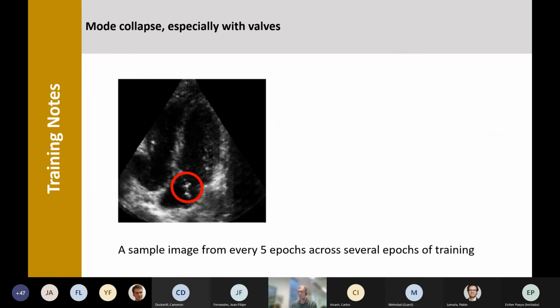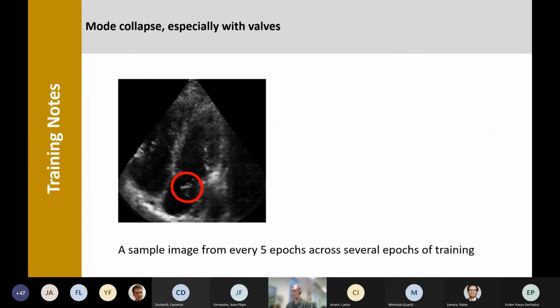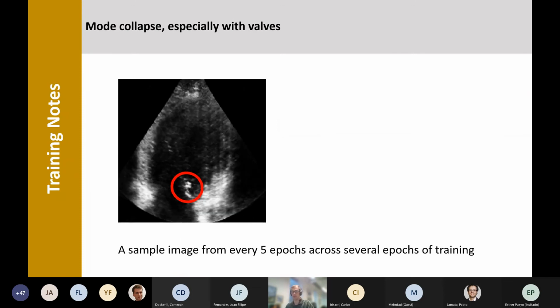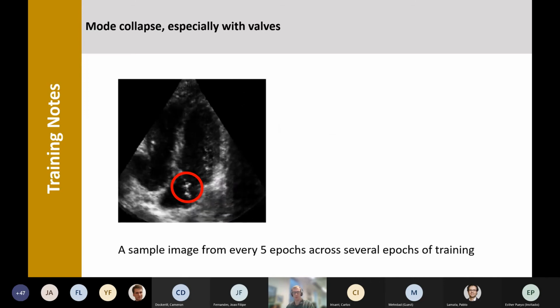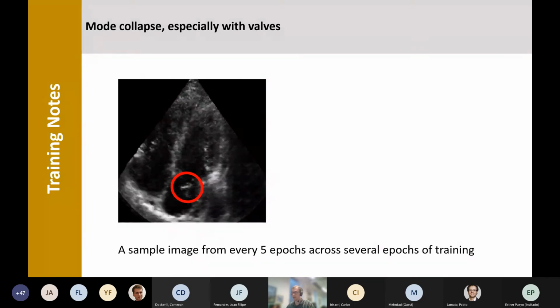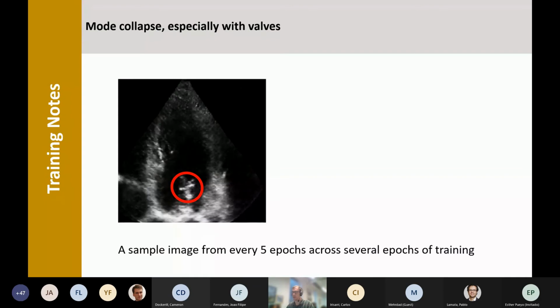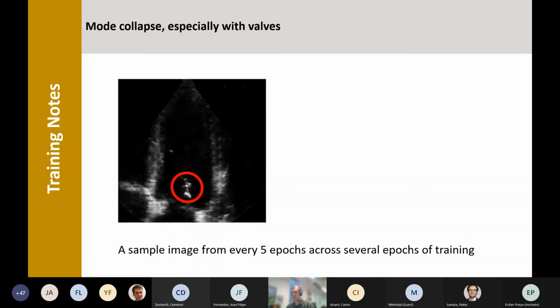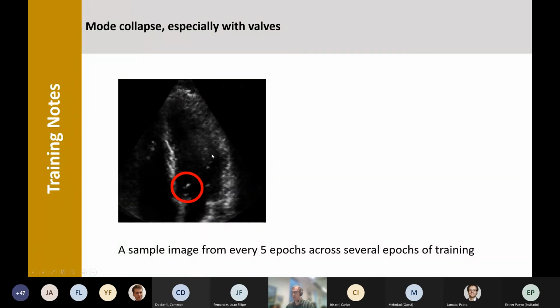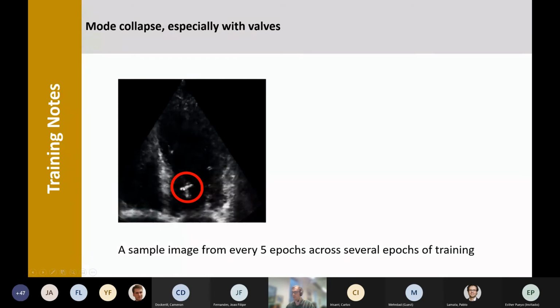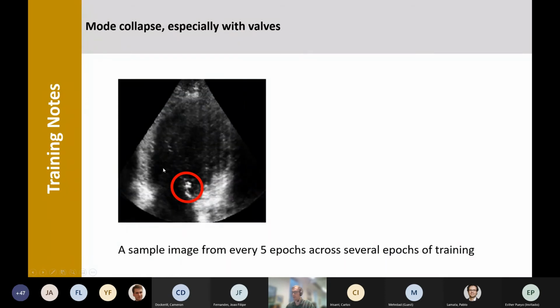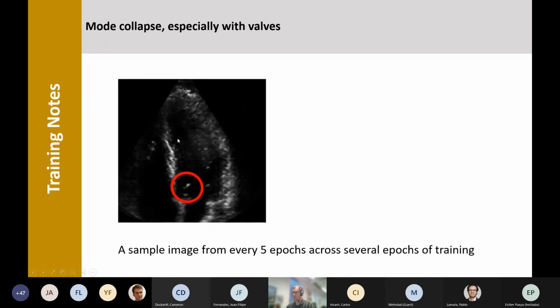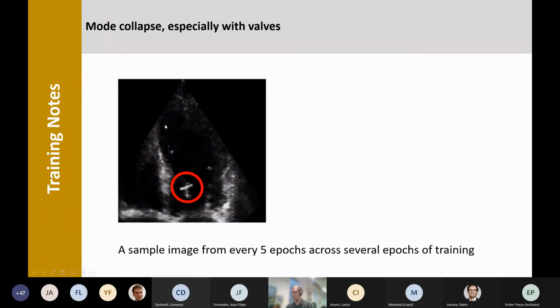The second thing that we noticed during training is that we had some mode collapse, especially with the valve. This is an example image taken early in training, from every 5 epochs. You see that there's this consistent feature that's always present across all of the images, no matter what the other anatomical features are doing. This valve is present in the same location, no matter where the actual ventricle is.